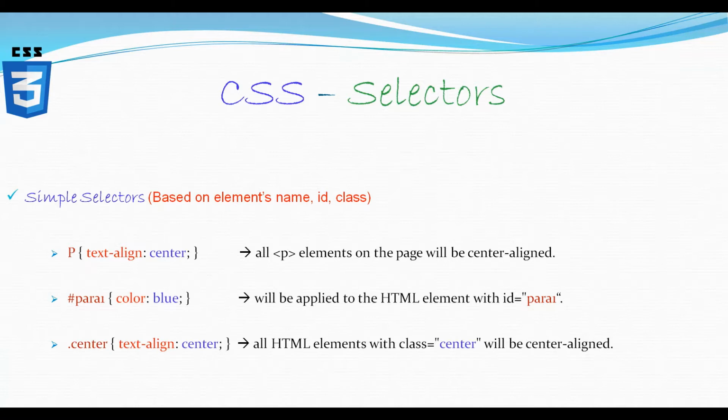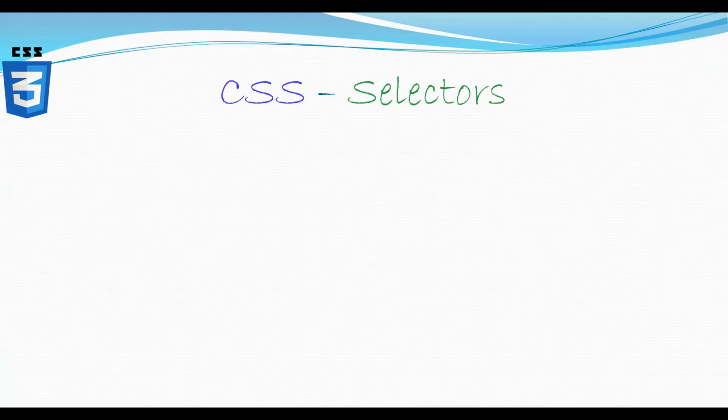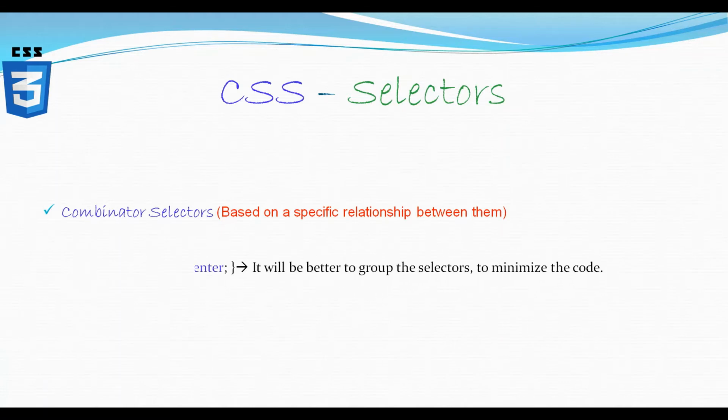So those are three points for our simple selectors, and the next category of selector is combinator selectors, and as you can see between the brackets, it's based on a specific relationship between the elements. So the way we would declare that would be h1 comma h2 comma p.